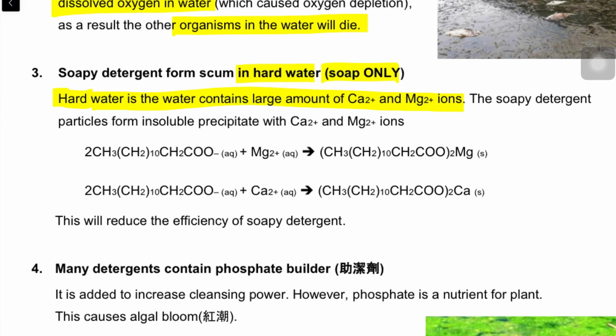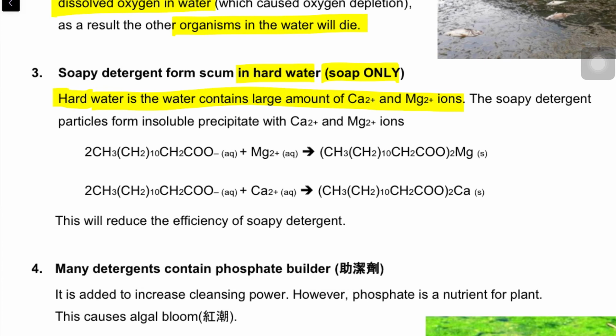So, the problem is, with the long hydrocarbon chain, the soapy detergent is actually not very soluble. Yes, it is soluble because it is a group 1 salt, right? All group 1 compounds are soluble, but the solubility is not very high.